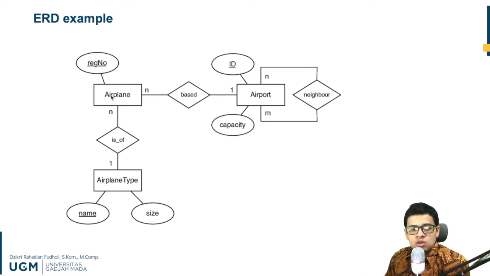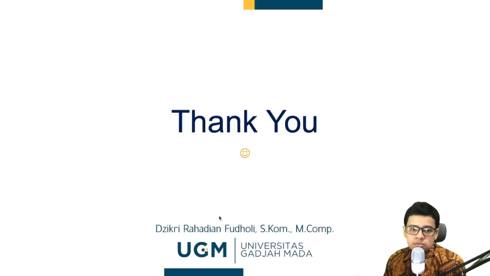So one airplane type may cover a lot of airplanes. For example, Boeing 737. There are lots of Boeing 737. Its type has its own name and its size. So that's the example. And that is the entity.